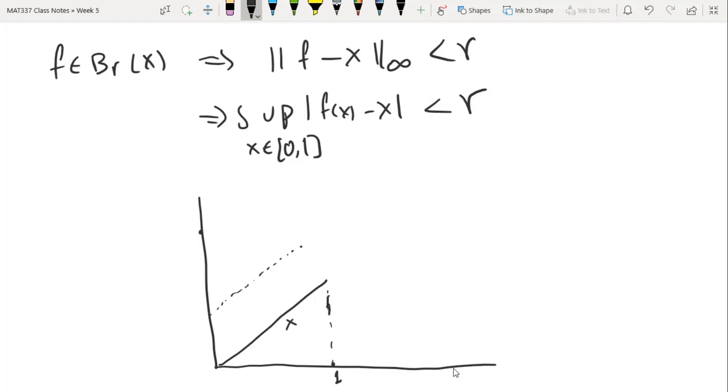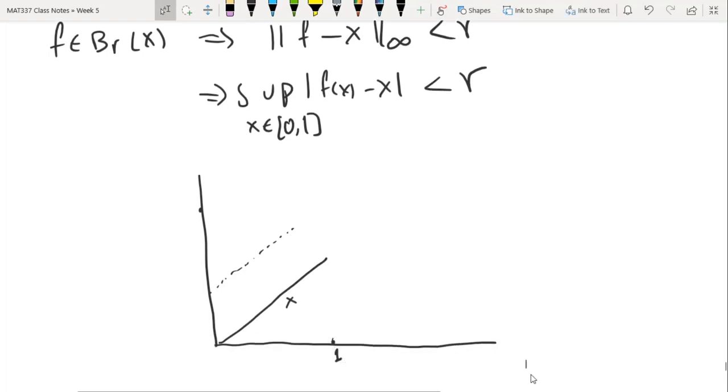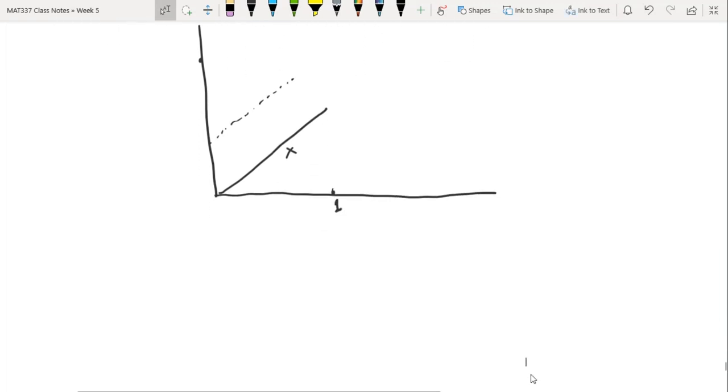So let me erase this to not confuse you. This is 0, and then you can go down to minus r. You don't go up to r.